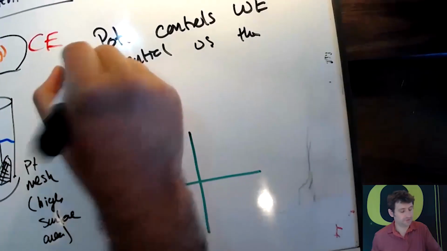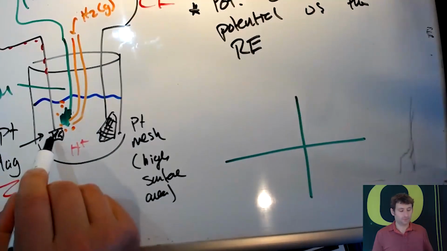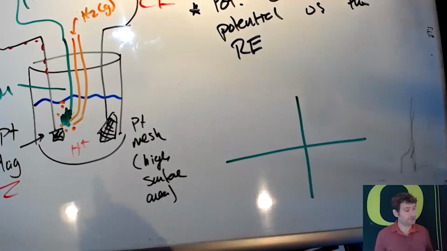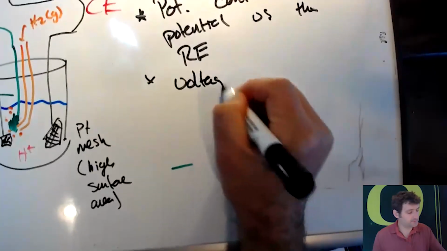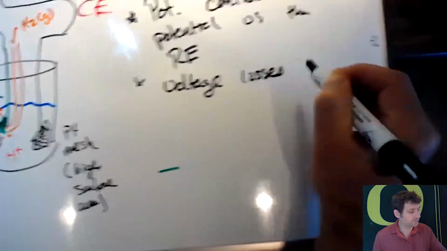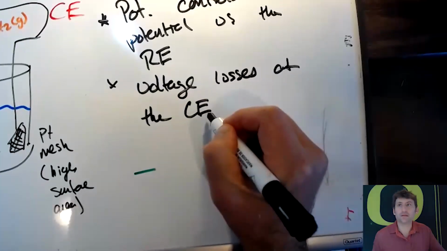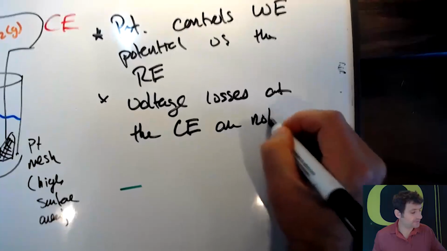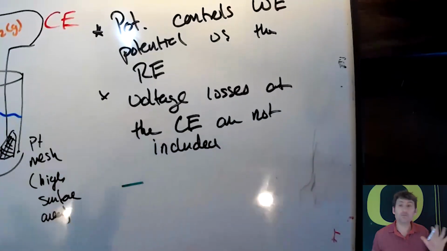Okay? So the potentiostat controls the potential of the working electrode versus this reference potential, which is set by this chemical equilibrium we just talked about. So voltage losses at the counter electrode are not included in what you measure.